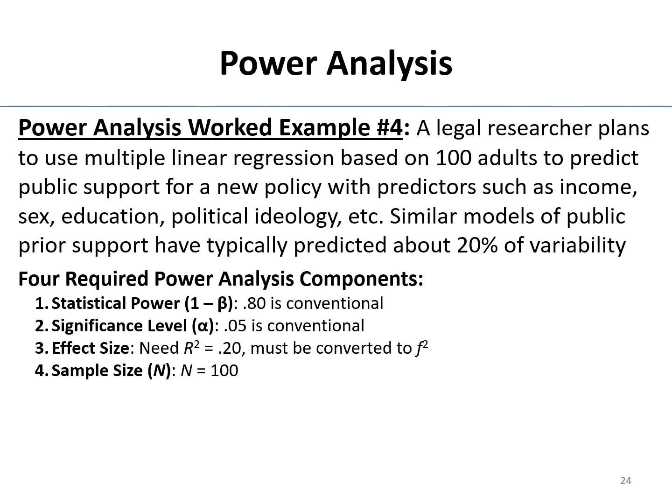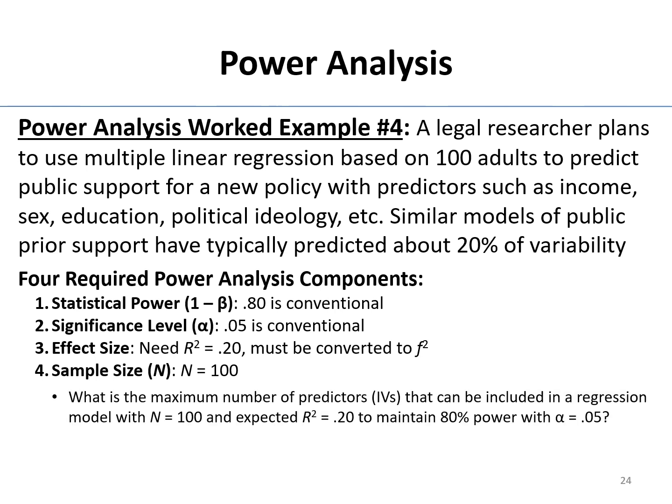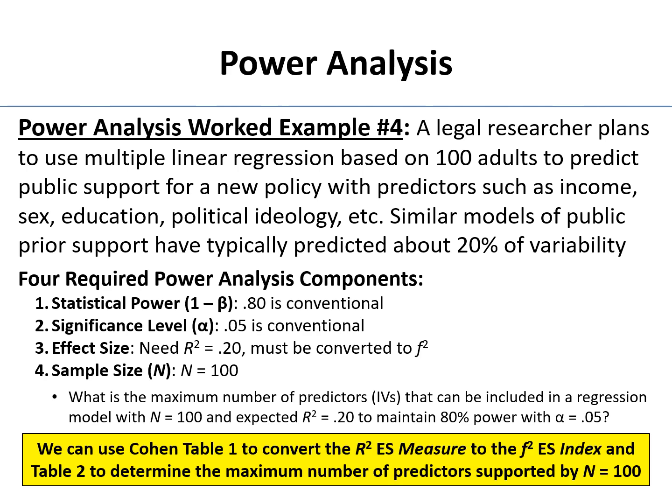Sample size is fixed for this, right? There's 100 participants. So the question that we want to answer is, what is the maximum number of predictors, or IVs, they're sometimes called, that this researcher can include in the regression model if they have 100 participants, an expected R squared of 0.20, and they want to maintain 80% power and alpha of 0.05.